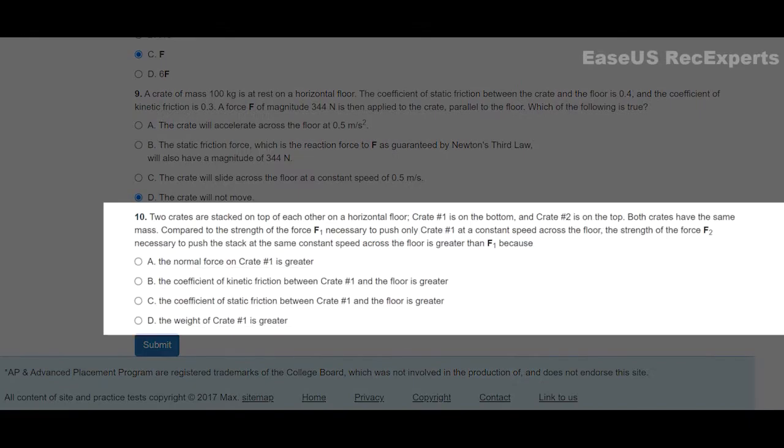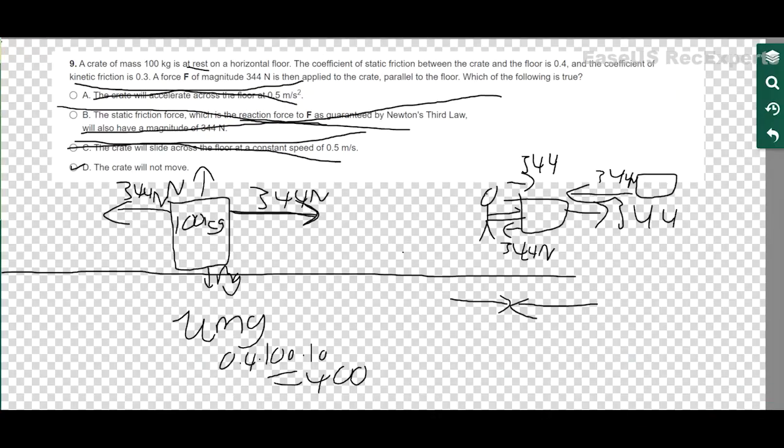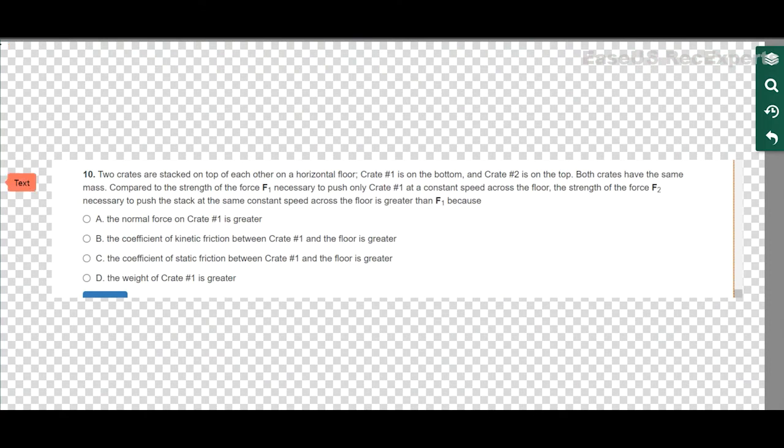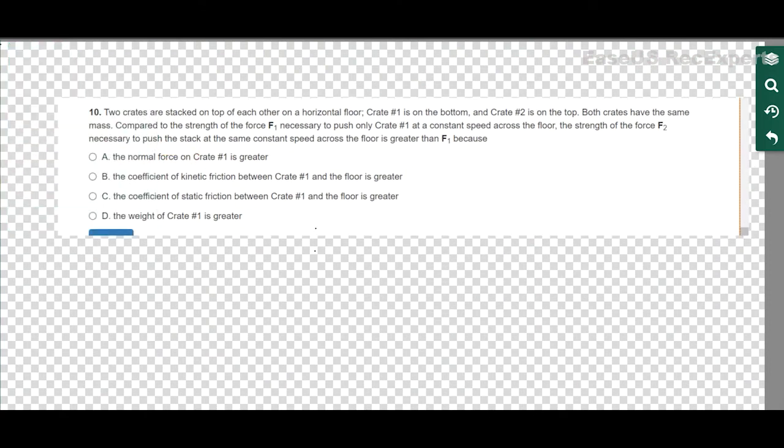Now for number 10. So we have two crates stacked on top of each other, crate 1 and crate 2, and they are of equal mass.